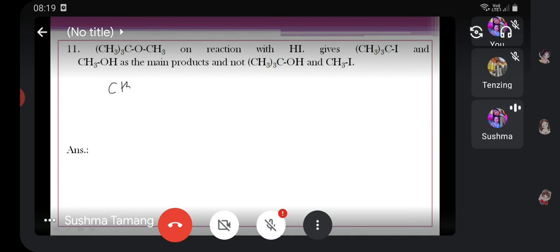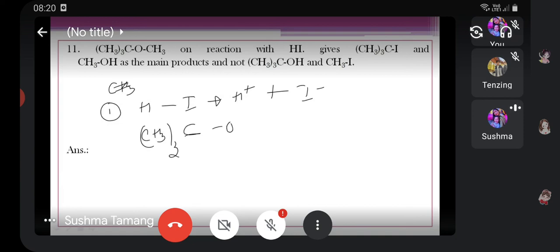Okay, so you need to write down the mechanism. The mechanism follows these steps. Number one, protonation will occur. HI will give a proton and I minus ion. The first step is protonation of your ether, we will get (CH3)3C, then O, CH3, so protonation will occur, so that means we'll get (CH3)3C, then OH with a positive charge, then CH3.